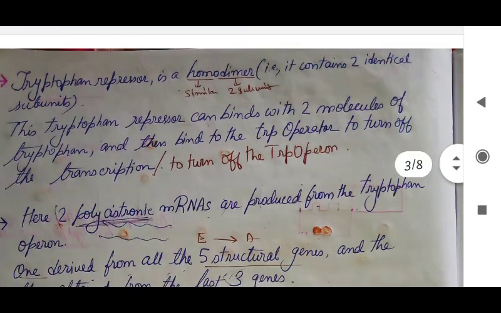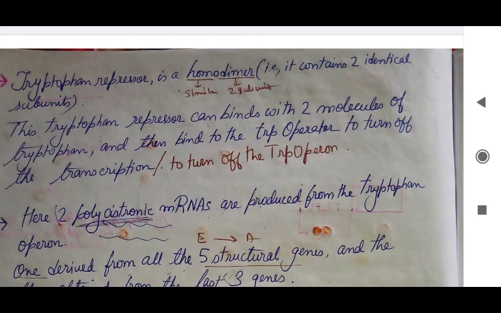This tryptophan repressor can bind to two molecules of tryptophan, which here acts as a co-repressor. The tryptophan repressor can bind with two molecules of tryptophan and then bind to the tryptophan operator to turn off the transcription, or you can say to turn off the TRP operon.